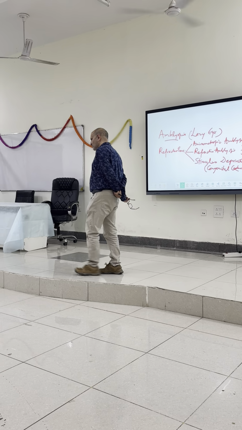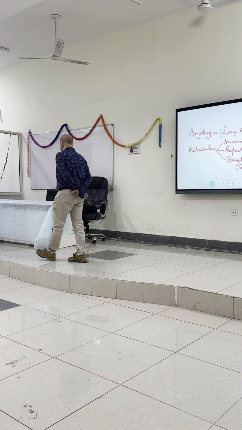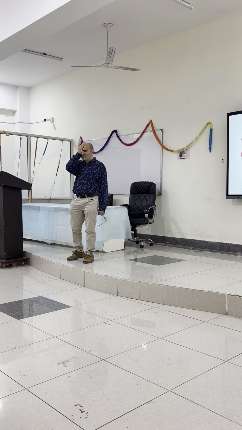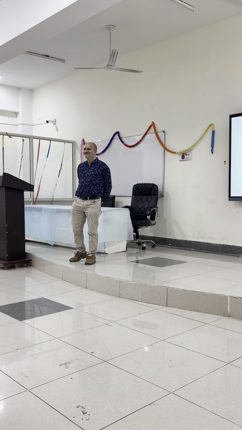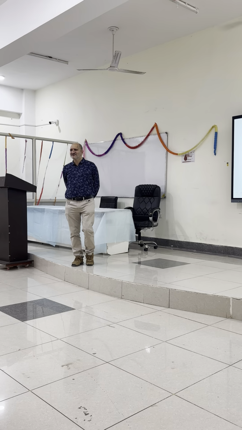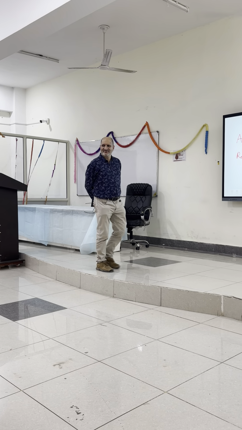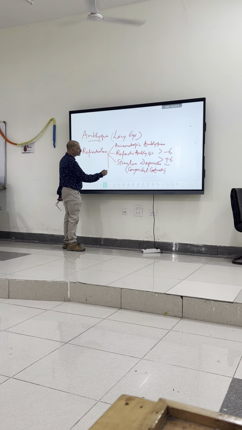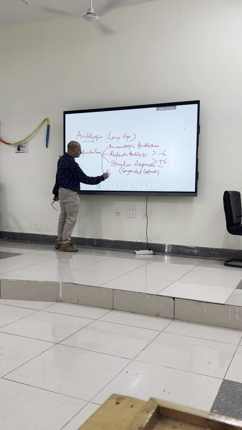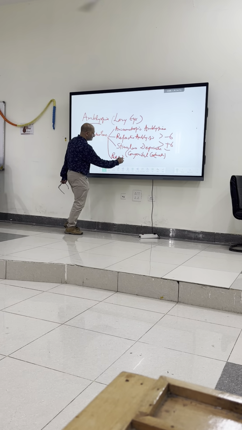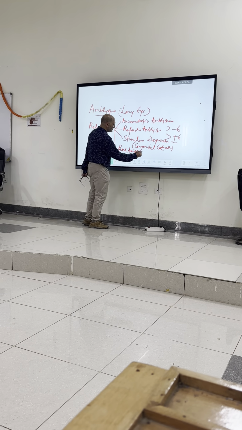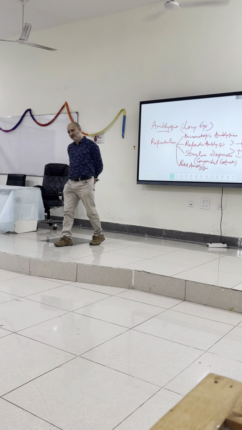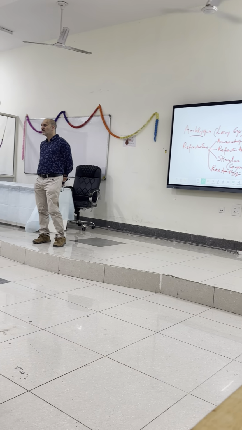There are some other causes of amblyopia also. One of the causes is patching. If you patch the eye, it will develop amblyopia. That's called patch amblyopia, because the eye is closed. There is one more amblyopia that is called meridional amblyopia.